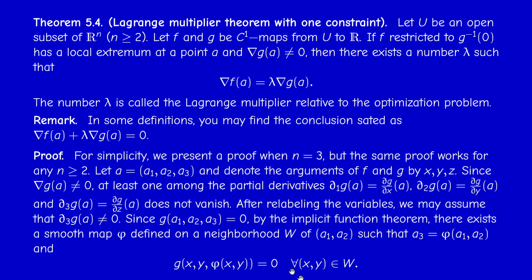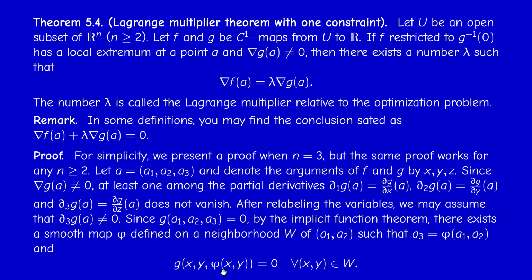So this means that the partial derivatives, or the gradient, is 0. So by the chain rule, what is the partial derivative of this map with respect to x? This is the usual chain rule that you know from first year. So it's the partial derivative of g with respect to the first variable times the derivative of x with respect to x, plus the derivative of g with respect to the second variable times the derivative of y with respect to x, which is 0, plus the third derivative times the derivative of phi with respect to x.